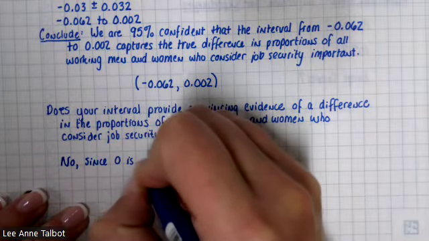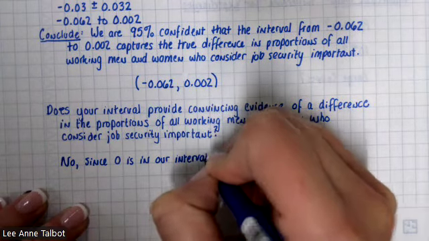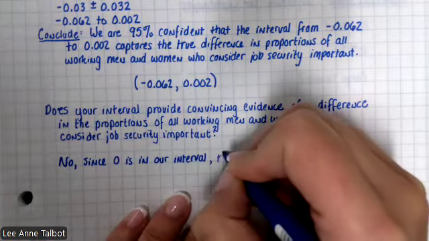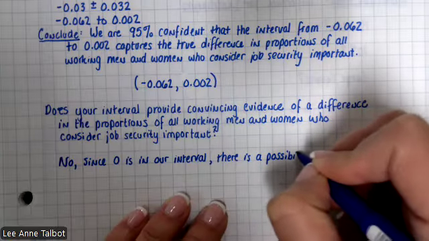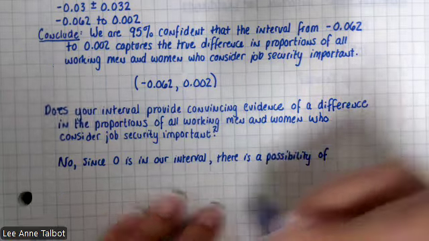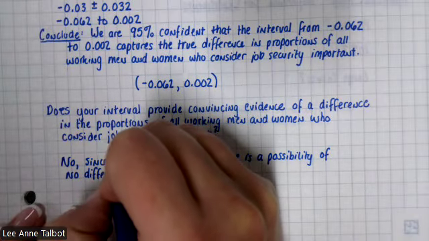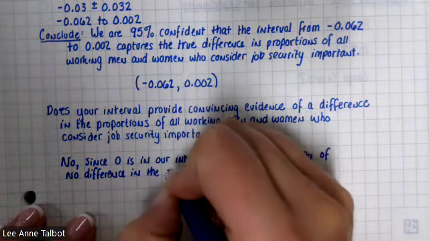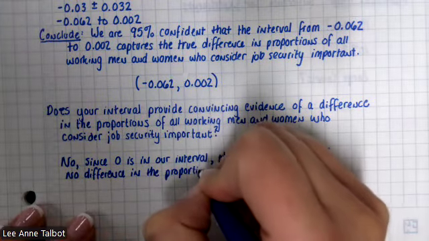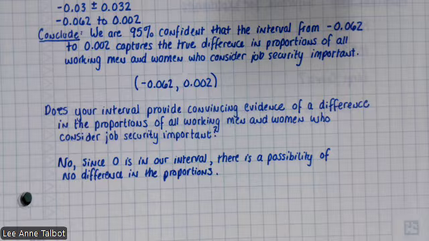since 0 is in our interval, there is the possibility of no difference.